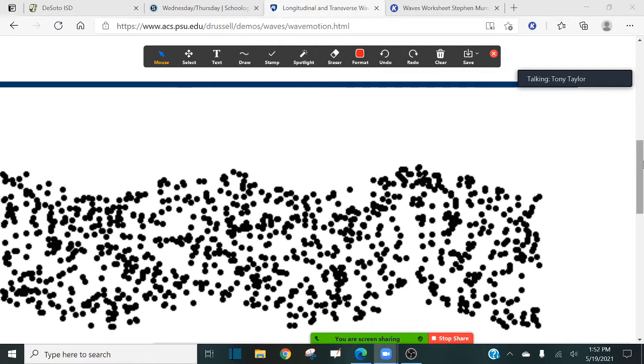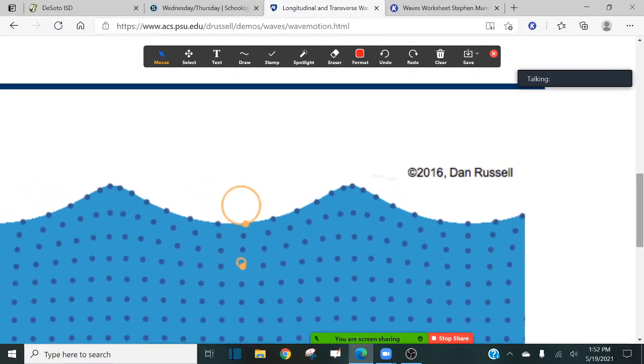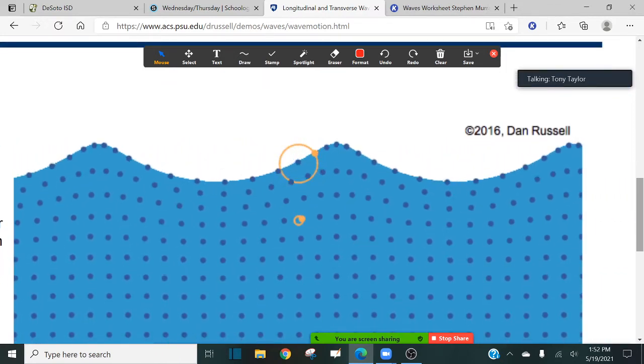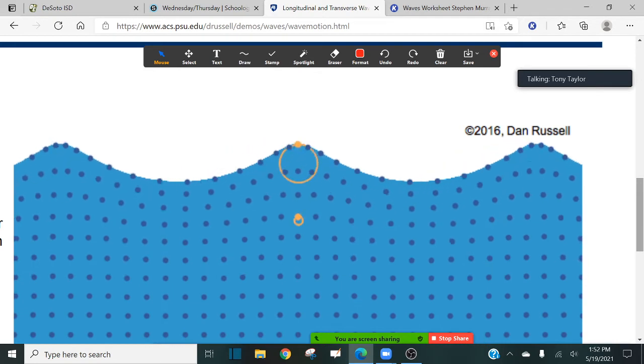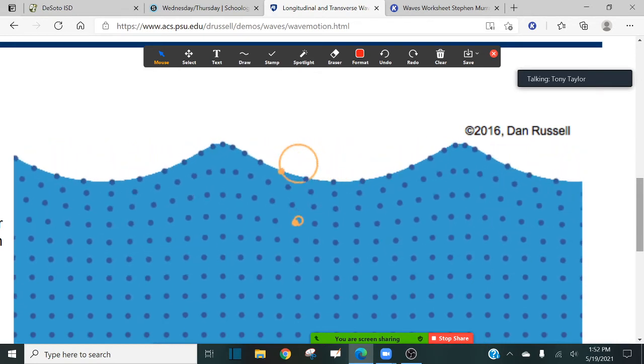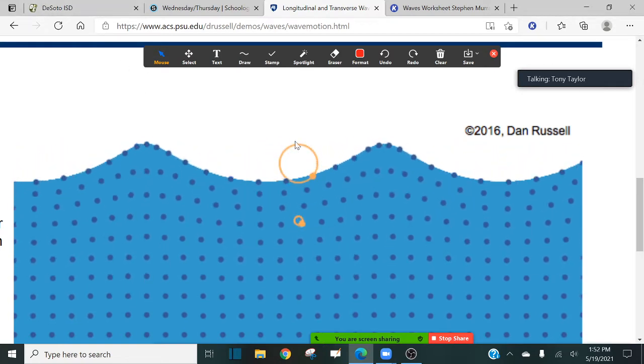Guys, what about water waves? What type of waves are water waves? Well, guys, it turns out that water waves are a combination of both longitudinal waves and transverse waves. How do we know that? Because guys, look closely at one of these water molecules here.